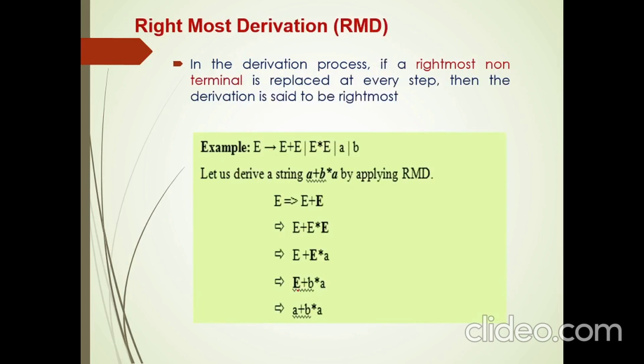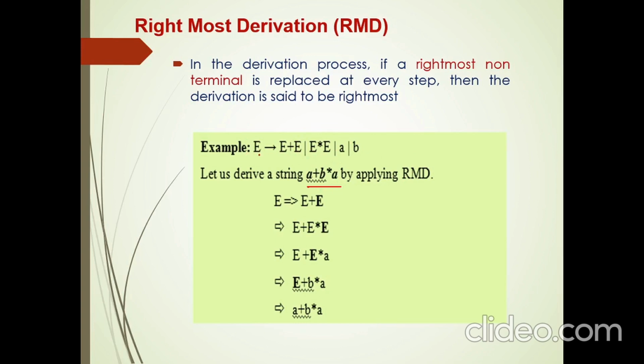Next, we'll see rightmost derivation. If the rightmost non-terminal is replaced at every step, then the derivation is said to be rightmost. Here I am going to derive A plus B star A by applying RMD, the rightmost derivation. Whenever they give a string like this, they have to give a grammar, because without the grammar you can't get the string.